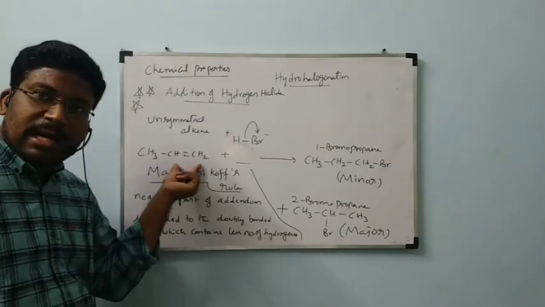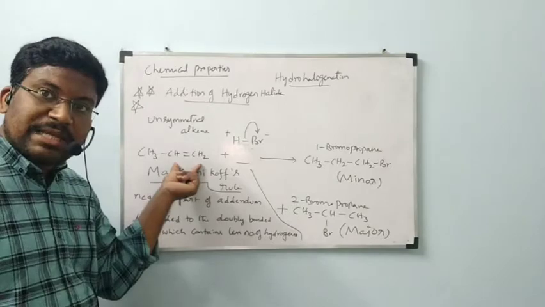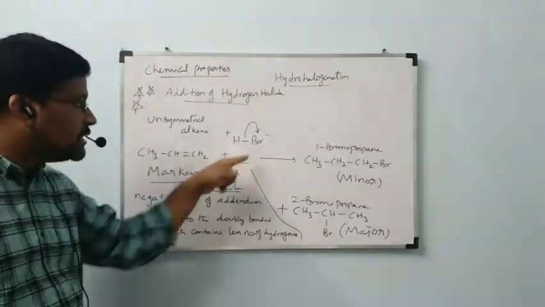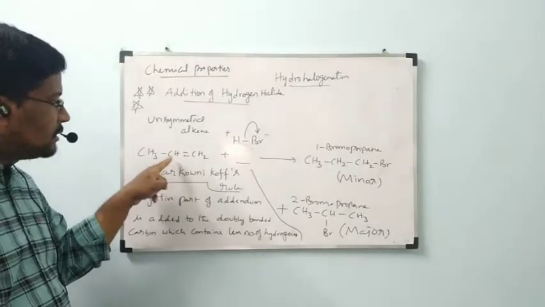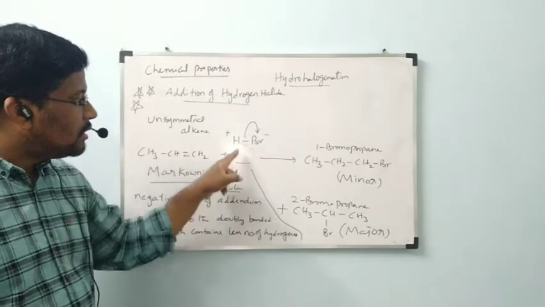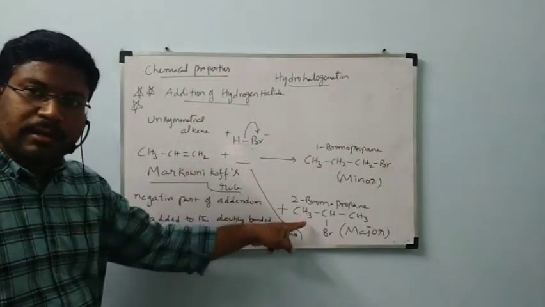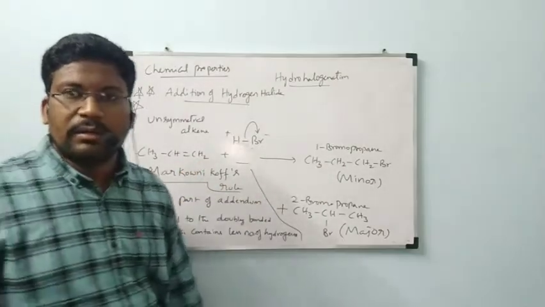Of these two doubly bonded carbons, this carbon has fewer hydrogens. To that carbon, bromine is bonded, and automatically hydrogen is bonded to the other carbon. Then 2-bromopropane is the major product.